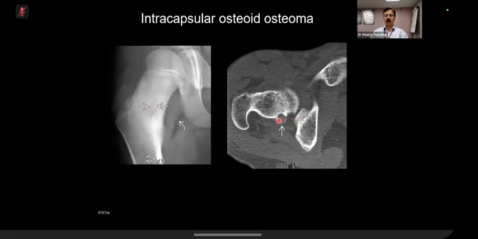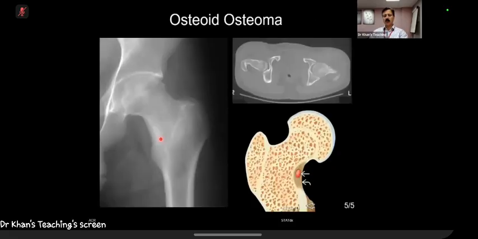This one projects like this. There is effusion, just like you picked up. That was well picked up. There is cortical thickening here. And in your case, this was the osteoid osteoma, but it is causing so much of reaction because it is within the capsule. This buttressing is a main thing.